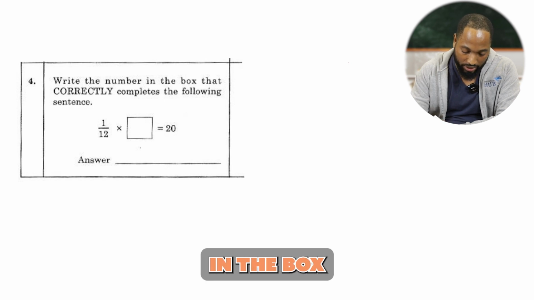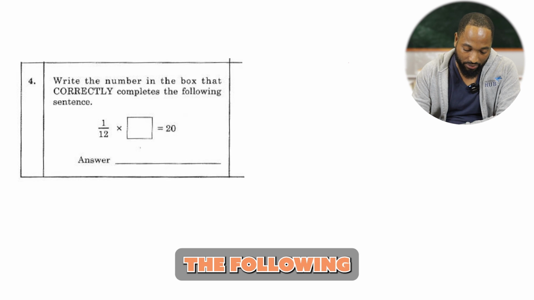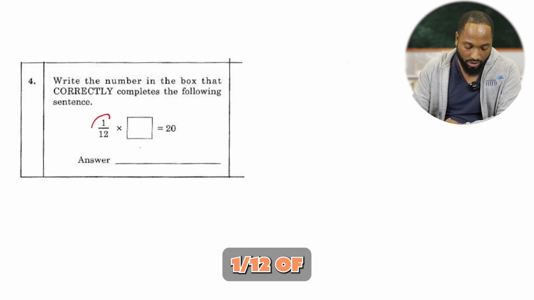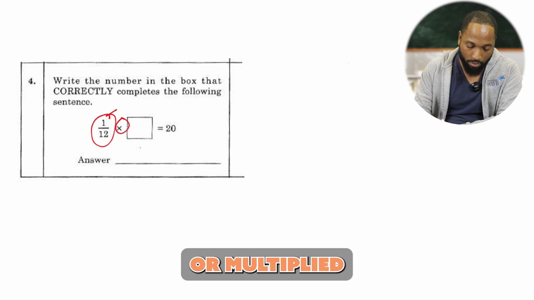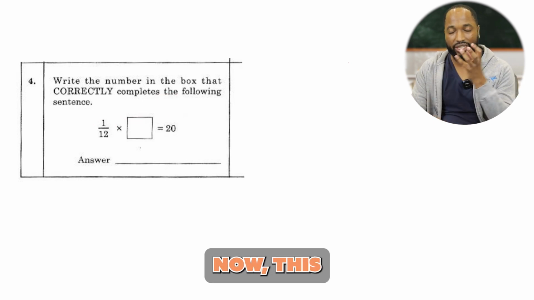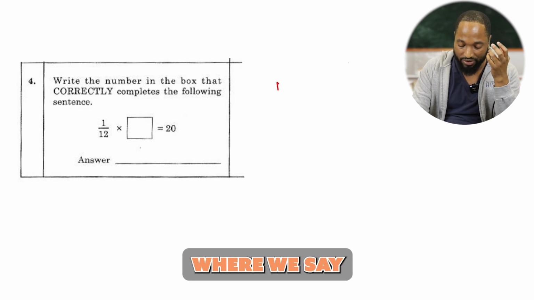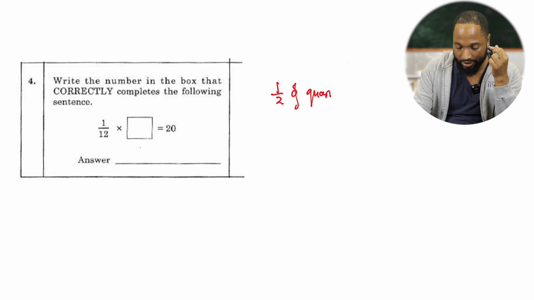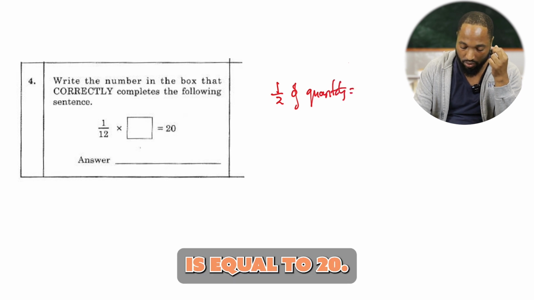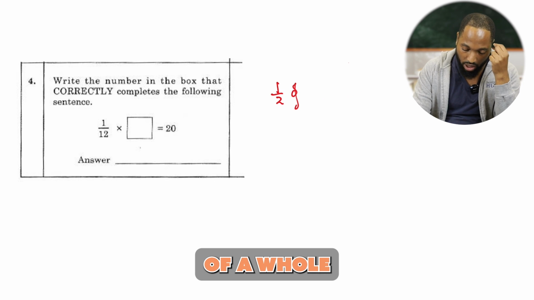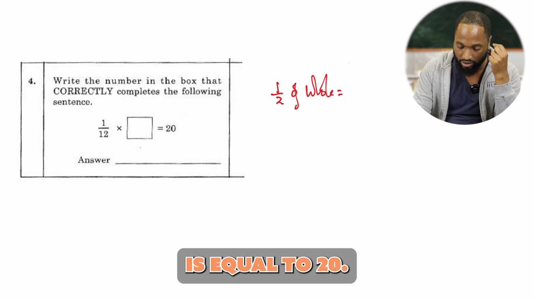Write the number in the box that correctly completes the following sentence. Now this feels a little tricky, doesn't it? 1/12 of, or multiplied by, something equals 20. Now this can borrow from the idea where we say a fraction of a quantity, or a fraction of a whole, is equal to 20.